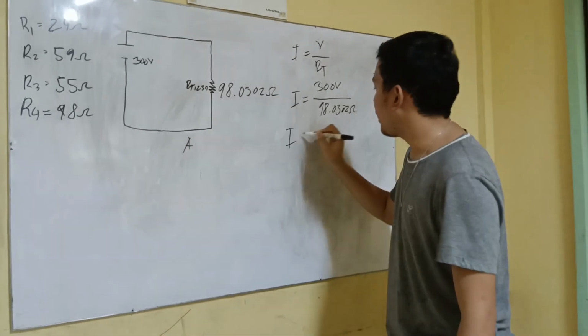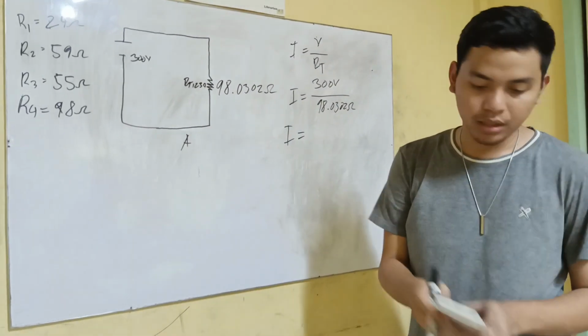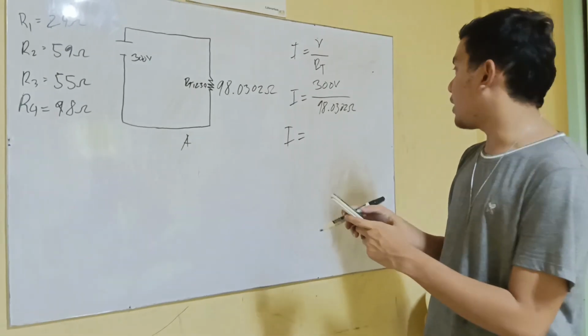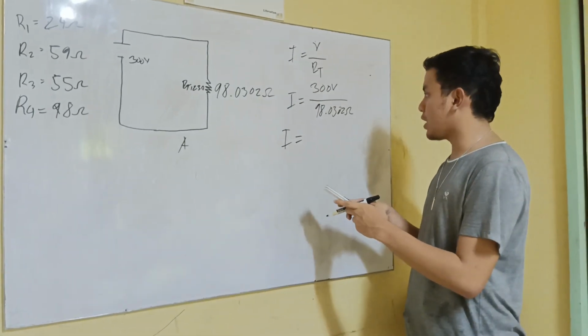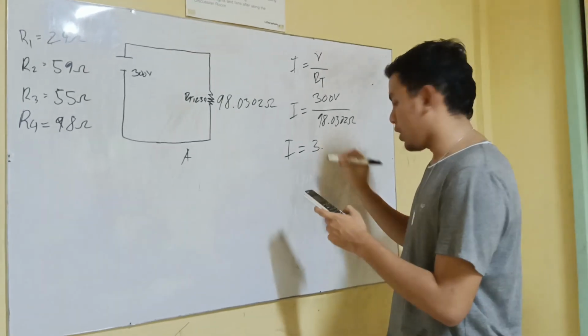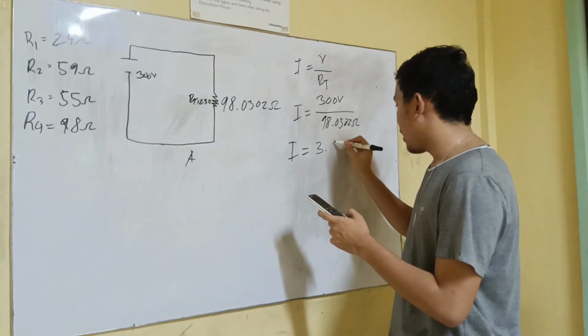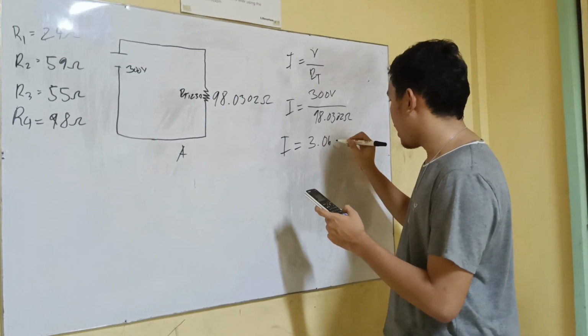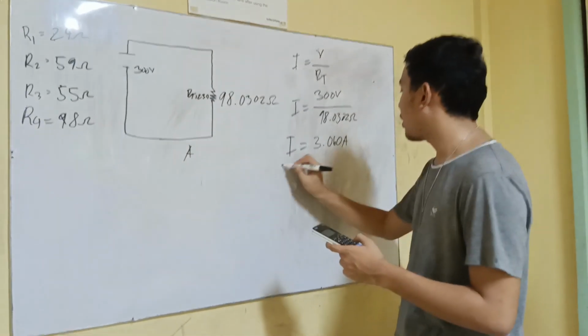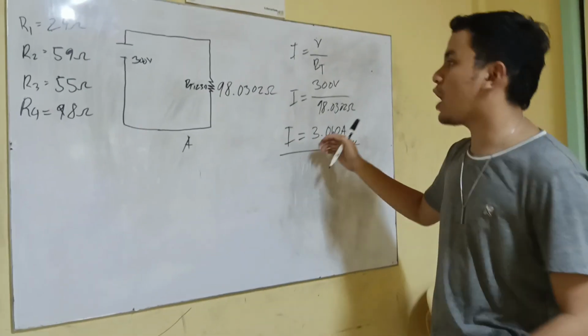So our current is 3.060 ampere. This is our total ampere of this problem.